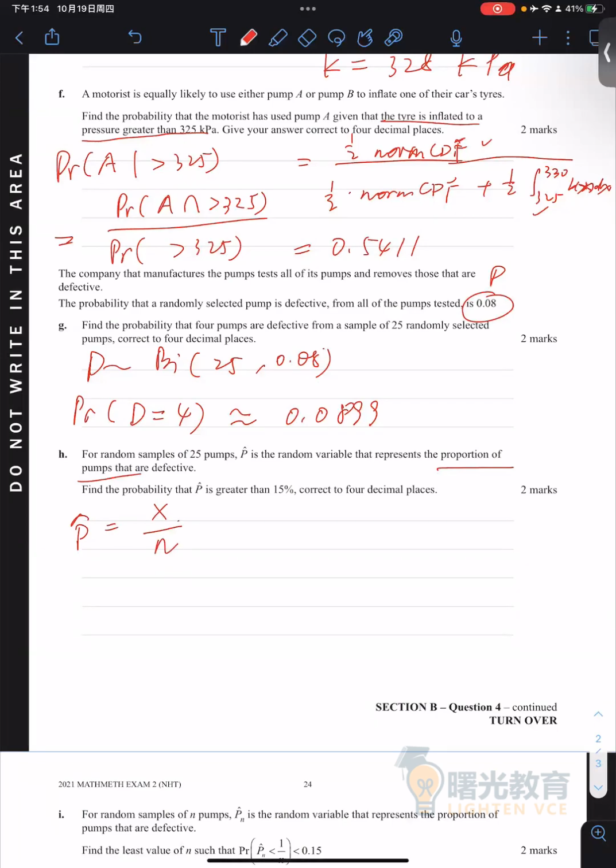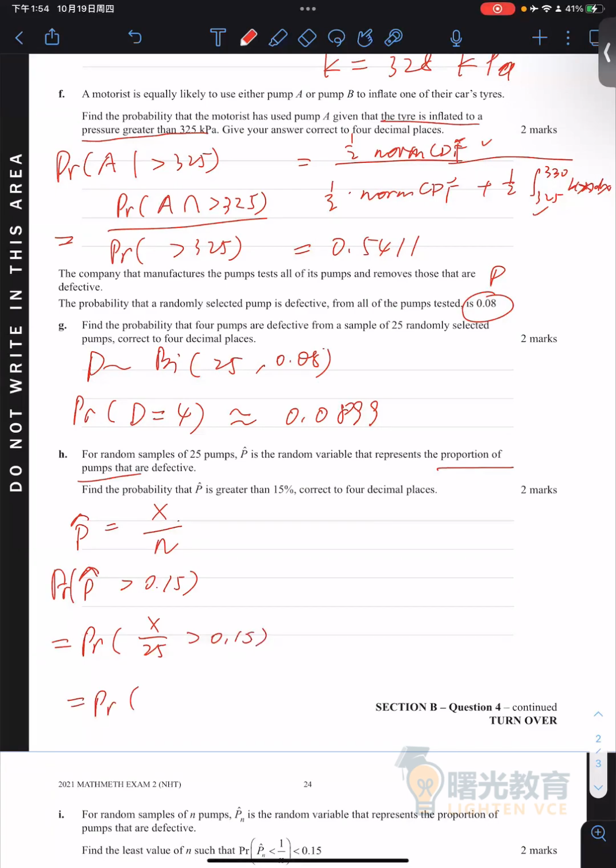Okay, so if we are looking for the probability that the sample proportion is greater than 0.15, which is 15%, right? That means our x value out of 25 is over 0.15.